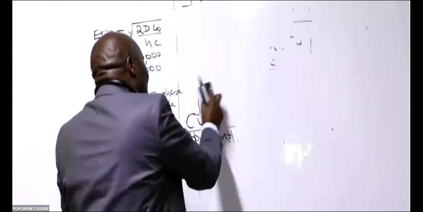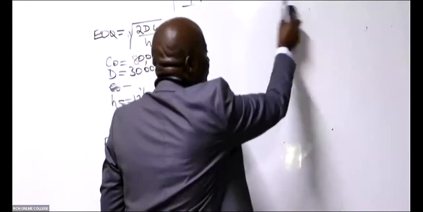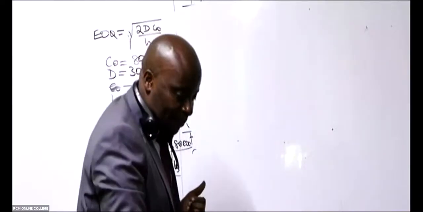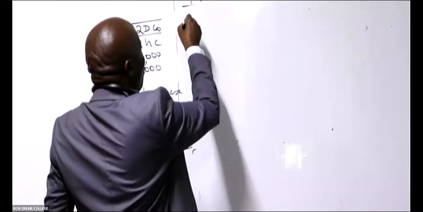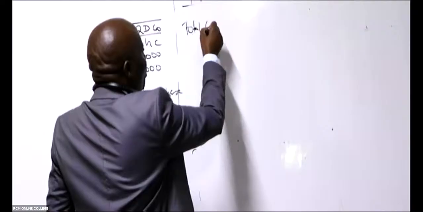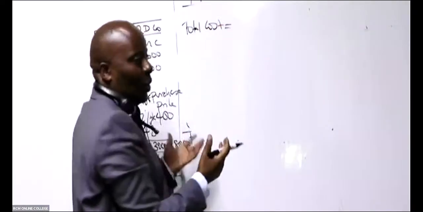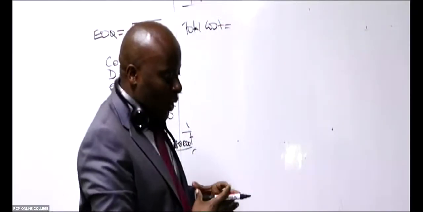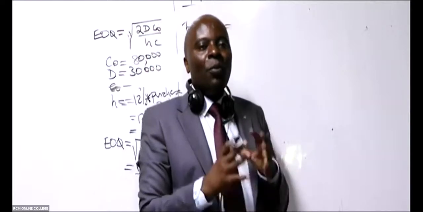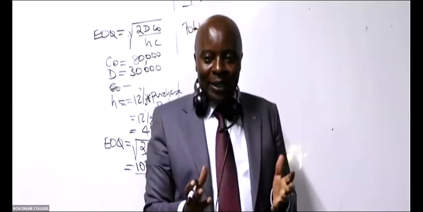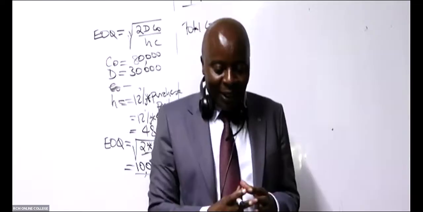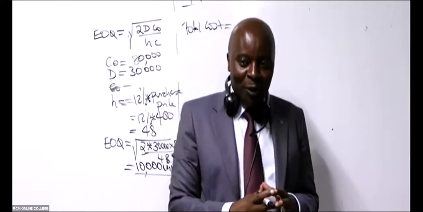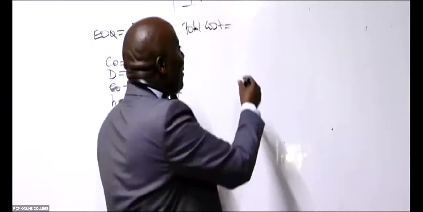Is there somebody who remembers the formula for getting total cost? I gave you a formula, and we premised it on Mwai Kibaki's political party. You guys are young, you can't even remember the late Mwai Kibaki. This guy belonged to which political party? DP.